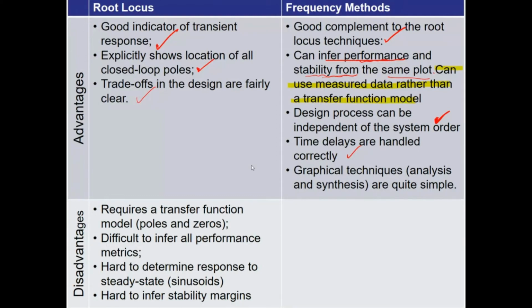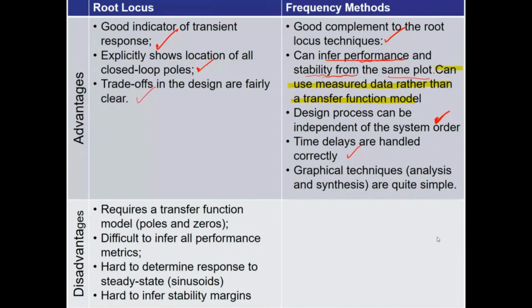Sometimes it's difficult to infer some performance metrics, like you don't know necessarily how much you have in hand before your system becomes unstable or something like that. Right, so that could be a bit of an issue. Like you can't just look at a root locus and quickly get a sense of how much additional gain you could add before the system becomes unstable. You don't know by looking.